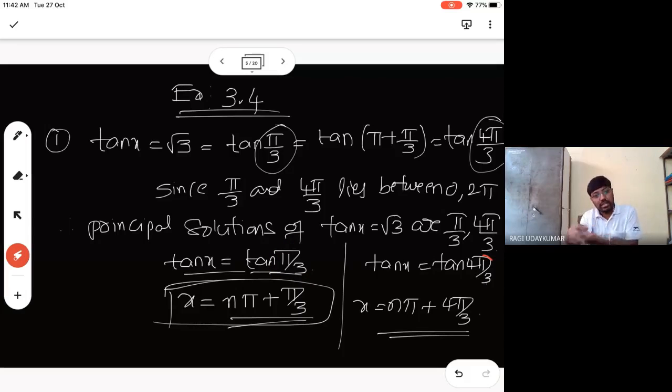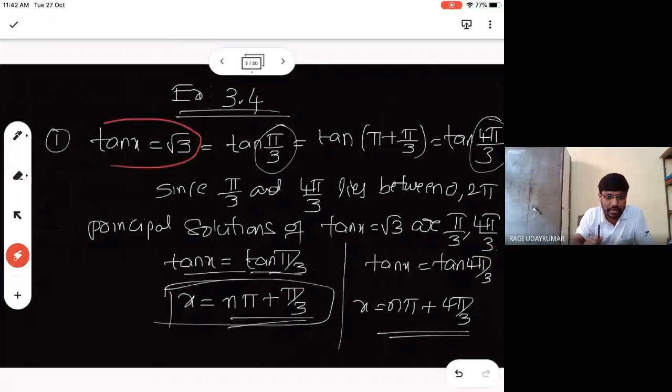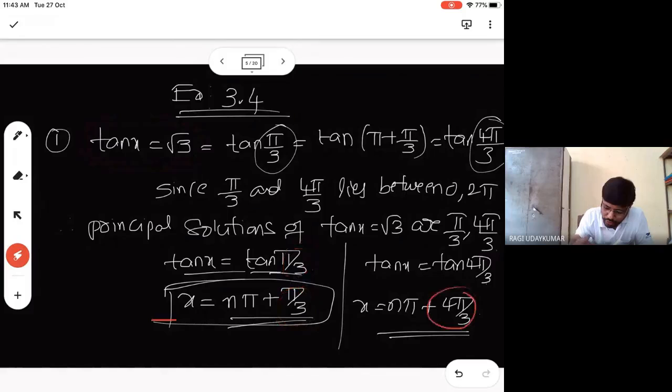Any value of x which satisfies tan x equal to root 3, you can place here. Though these two look different, they give the same solutions. If you want to check, substitute 0, 1, 2, 3, 4, and -1, -2, -3 in place of n. Check with all the numbers from -10 to +10, and write down the values you are getting.